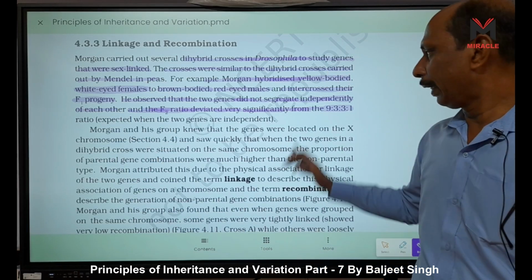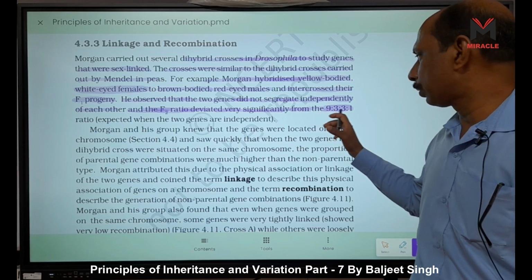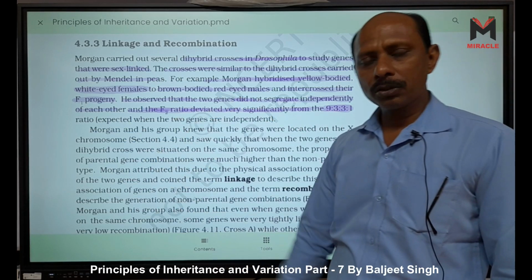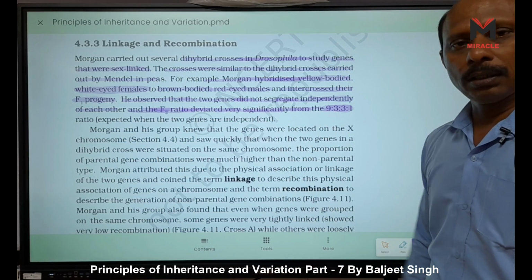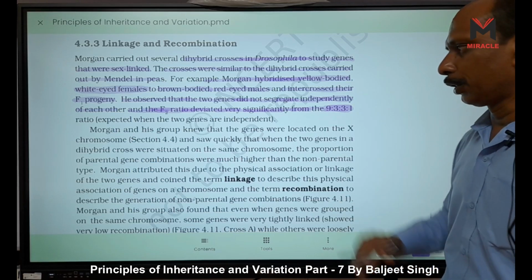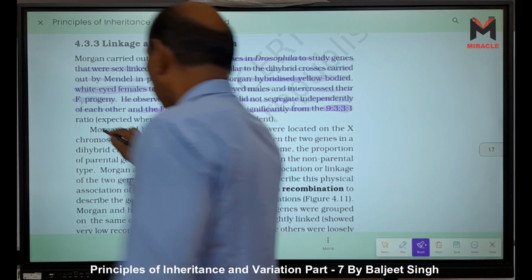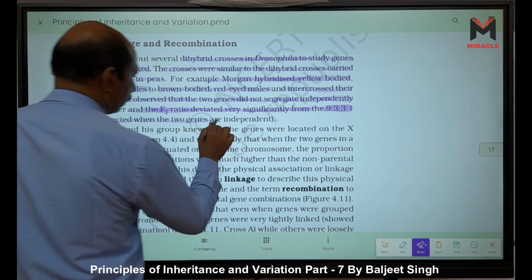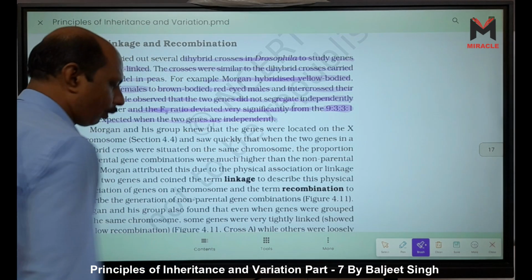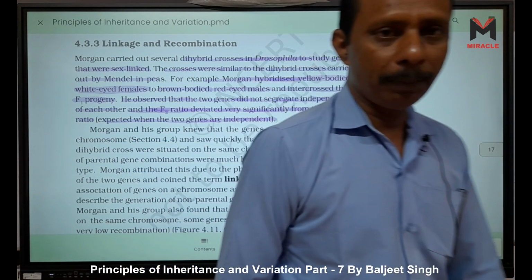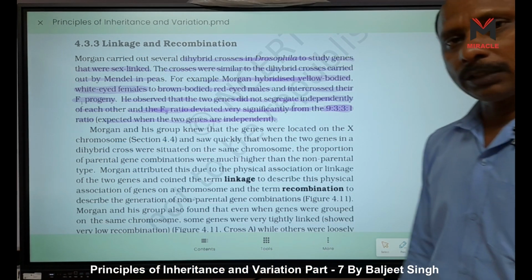So he got that phenotype ratio 9:3:3:1, but when Morgan crossed this in Drosophila, he did not get this ratio, right? It is expected when the two genes are independent. Why? Because here male crossing over is very less.